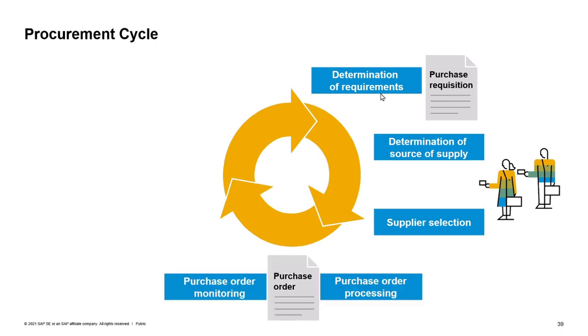Now, the third step is when we are creating the purchase order. So the internal document becomes an external document. And purchase order monitoring monitors the processing status of the purchase order in the system. It can be an order confirmation. It can be information about a shipping notice.